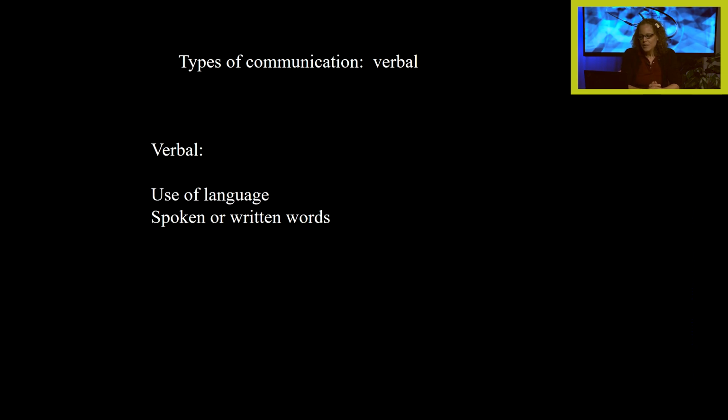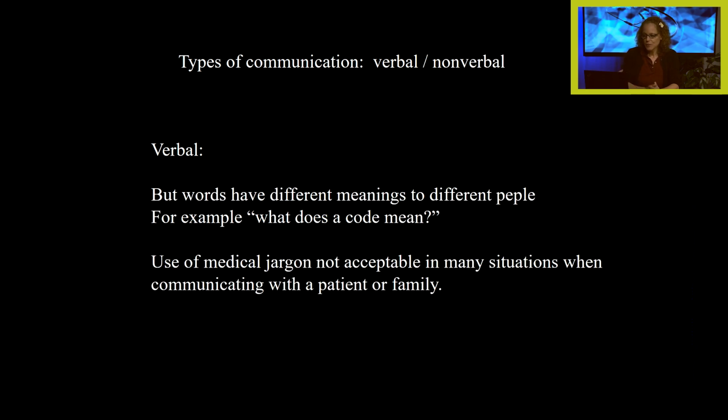So, what are the types of communication? There's verbal, and this is use of the spoken language. It can also be written communication. But words can have different meanings to different people. For example, what does a code mean?